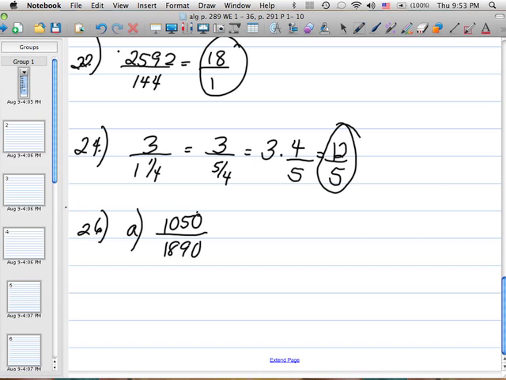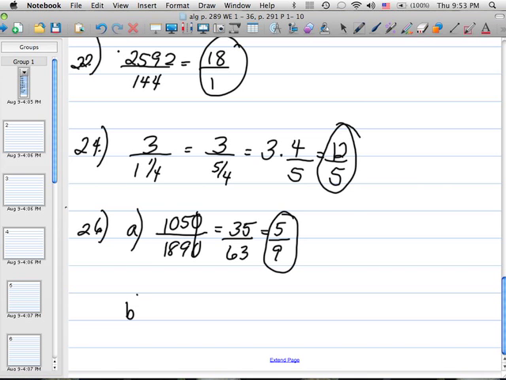So we drop the end zeros and divide by 3 since they're both odd. So 3 goes in 105 35 times, and 3 goes in 189 63. And then 7 goes into 35 5 times and into 63 9, so our ratio is 5/9.